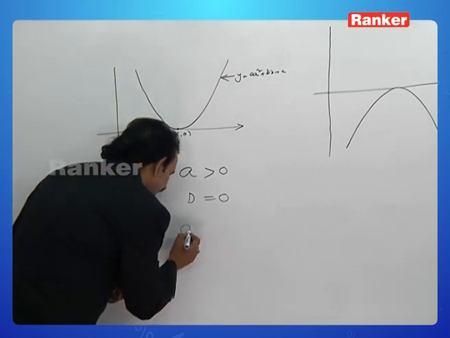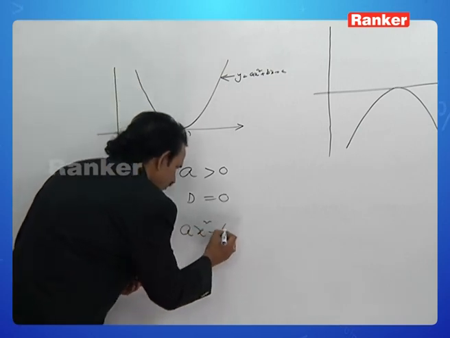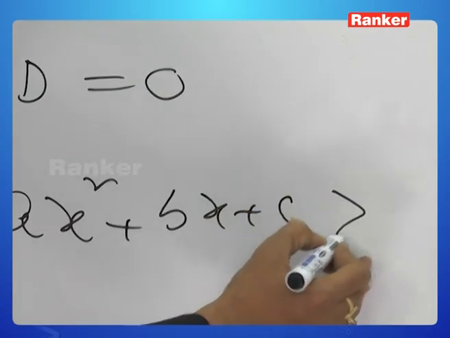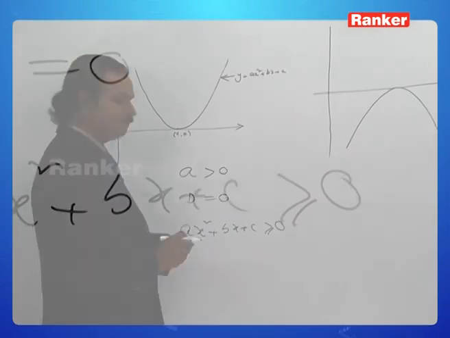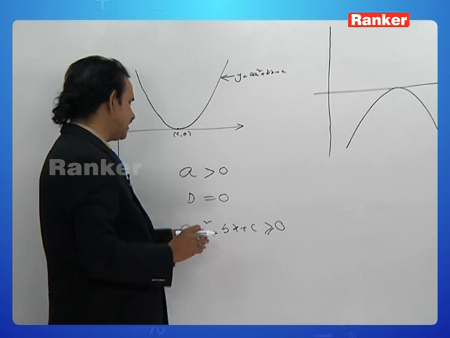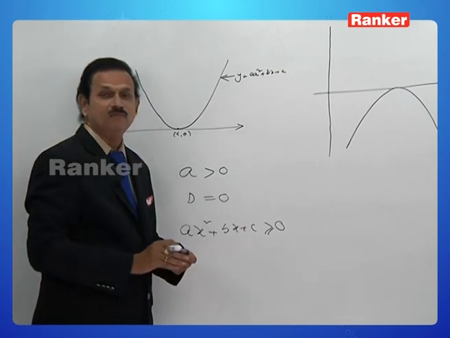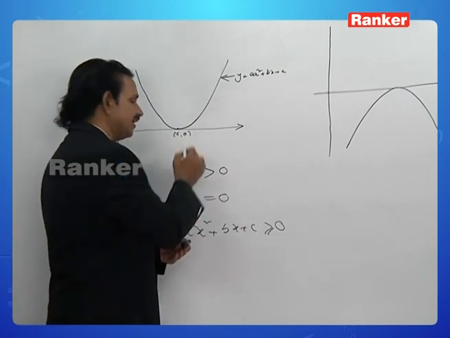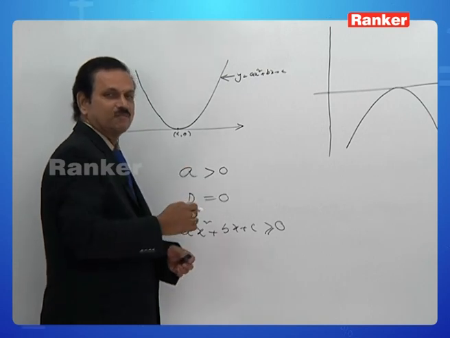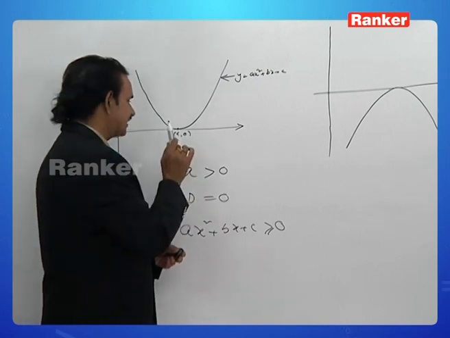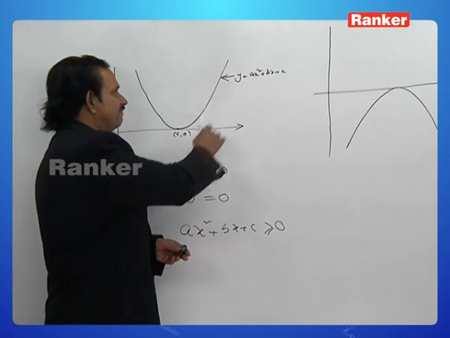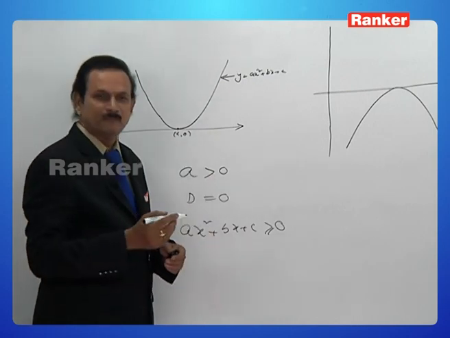How can you say ax square plus bx plus c is greater than or equal to 0? Why can't you say that it is definitely greater than 0? There is a particular point here, alpha, at which the expression becomes 0. Therefore, except that alpha, everywhere that expression is positive.